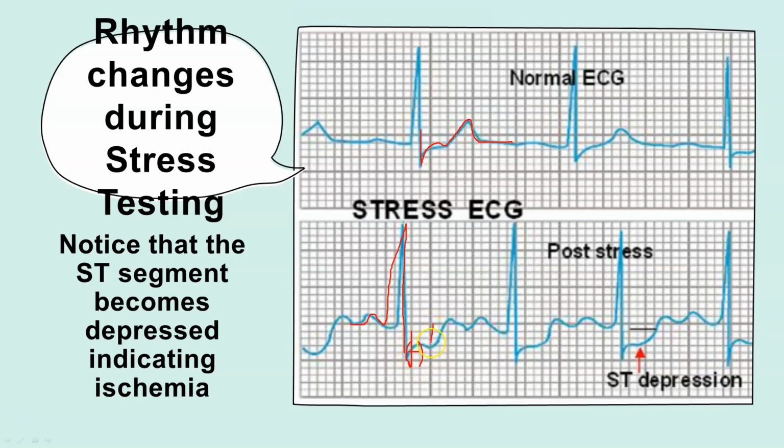And then I have an inverted T wave. So this now is giving me information about what is going on, and this actual little bump right here is what we call that U wave that you don't need to know. But I do see changes in this ST segment depression and T wave inversion.